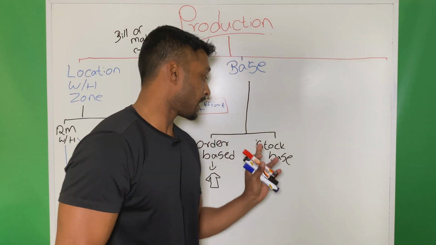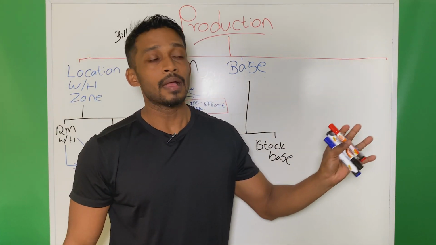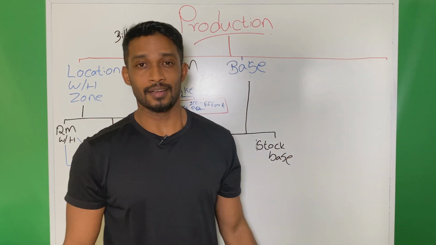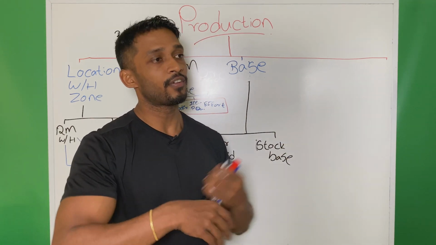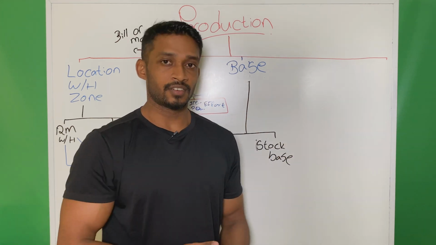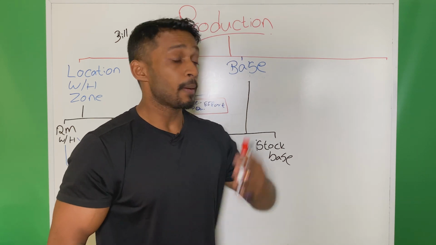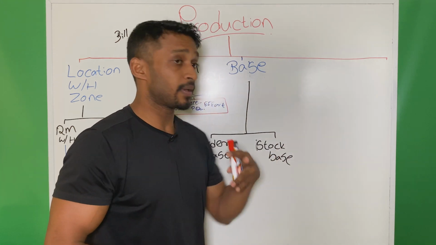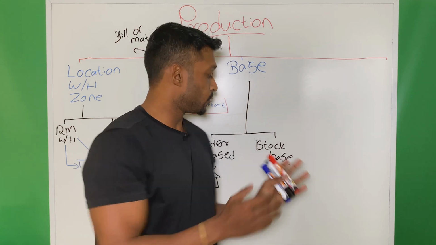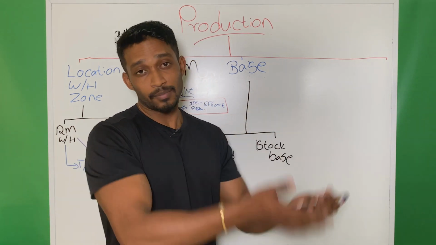And when it comes to stock based, we are producing based on the retail market. If we are a soap manufacturing company or toothpaste manufacturing company, you have to do the manufacturing process based on your forecast, which means your stock. You don't consider one buyer's demand.